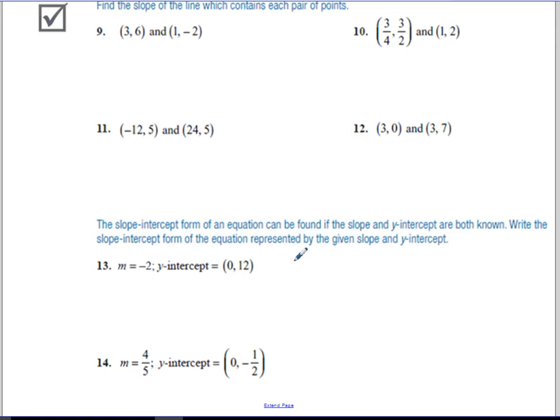And then down here, build your y equals mx plus b, plugging in your m value. And then for your b, it is the y coordinate of the y-intercept. When you're done working through these, check your work, and then we'll move on to the story problems.